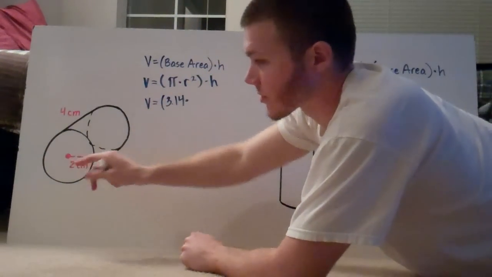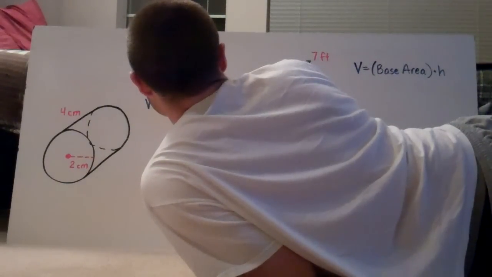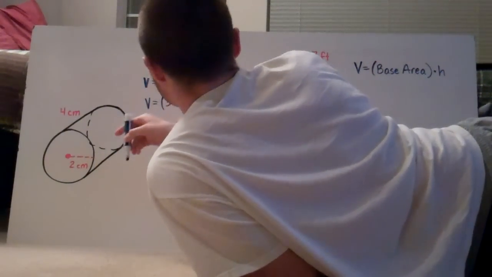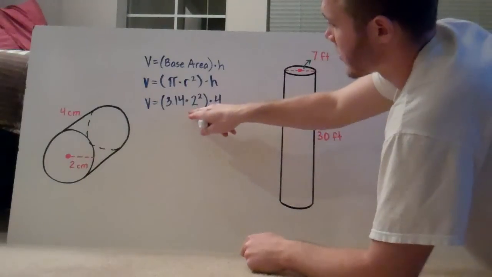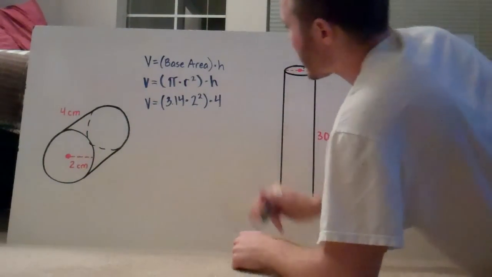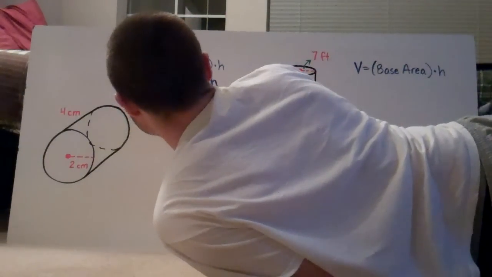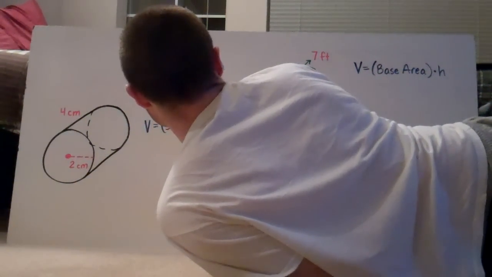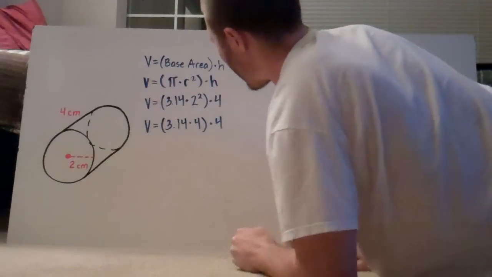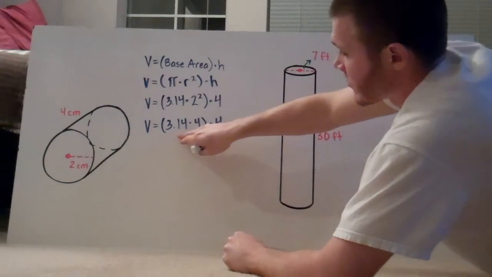The radius of the circle is 2, so we got 2 squared times the height, which is 4. 2 squared is going to be 4, so this is going to turn into V equals 3.14 times 4 times 4.